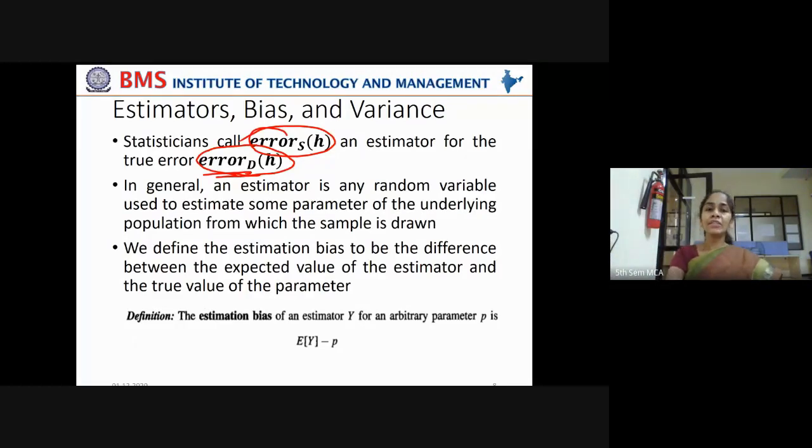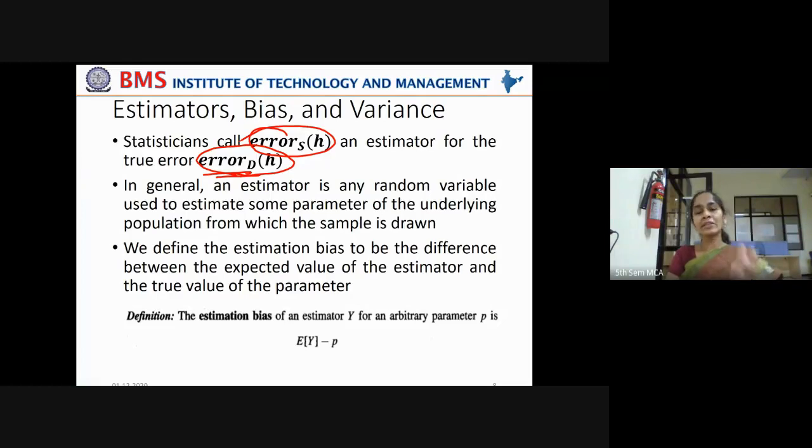Got it? Now, in general, an estimator is any random variable used to estimate some parameter of the underlying population from which the sample is drawn. You are taking the estimator as a random variable because when you are estimating the error of a sample, do you know how much the error would be in advance?